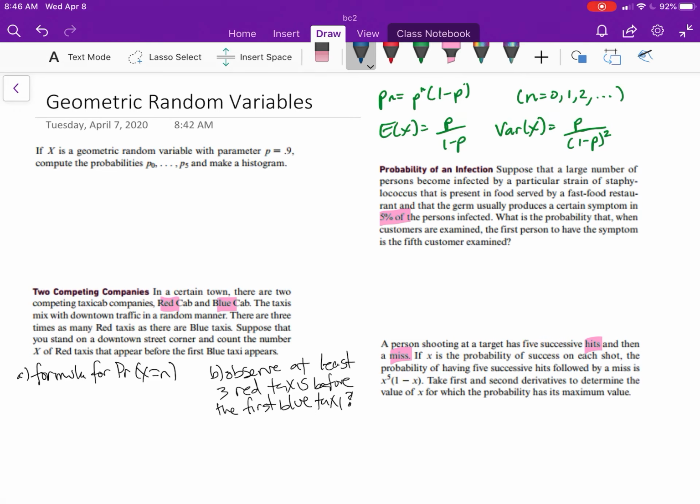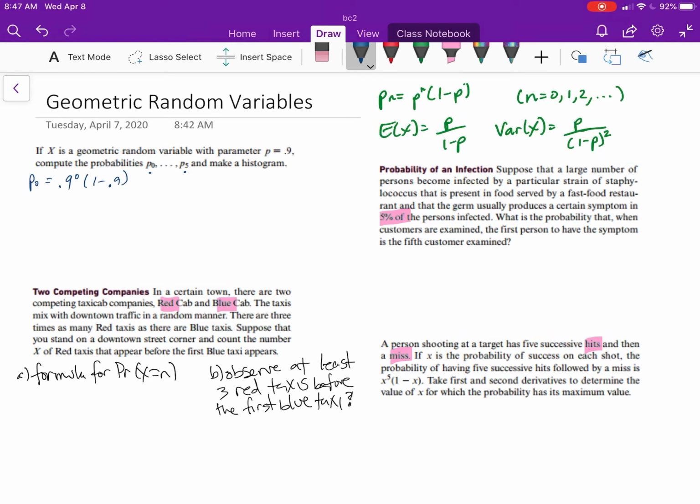Okay, so if x is a geometric random variable with parameter p equals 0.9, so the probability of something happening here is 0.9. We want to first find these probabilities, p naught all the way up to p5, and then make a histogram. Right, so again, following the formula, p sub 0, or p naught, is 0.9 to the n, so to the 0, multiplied by 1 minus 0.9.